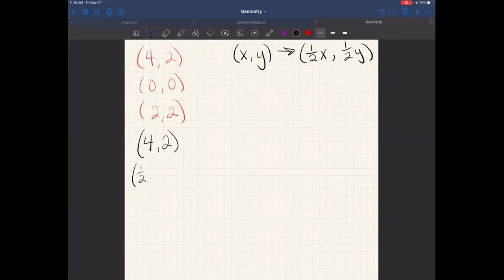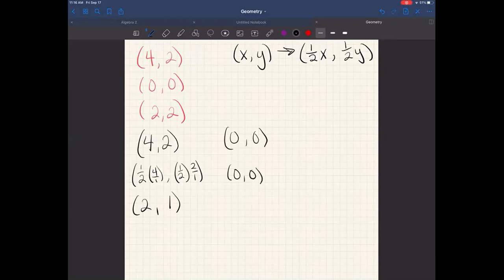So 1/2 times 4, 1/2 times 1, or 2/1. So what is going to be 4 times 1/2? 2. 2. And 1/2 divided by, or 2 divided by 1/2? 1. 1. And I'm going to do 0, 0, which is just going to be 0, 0.